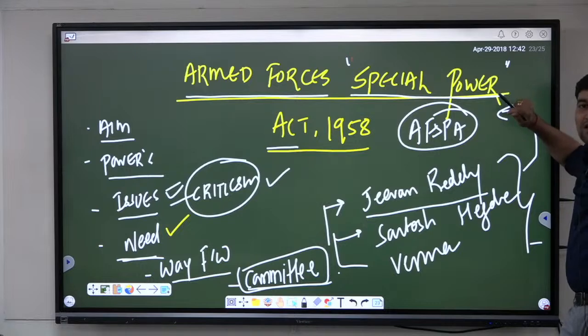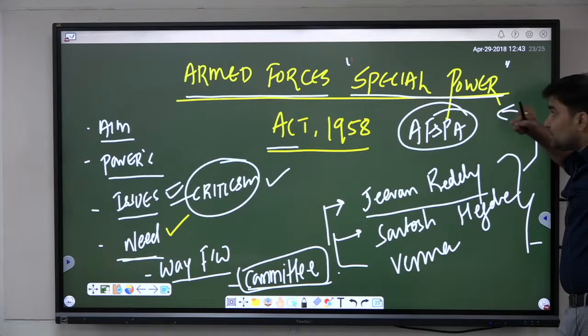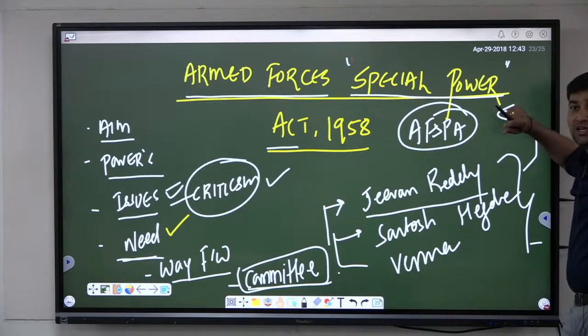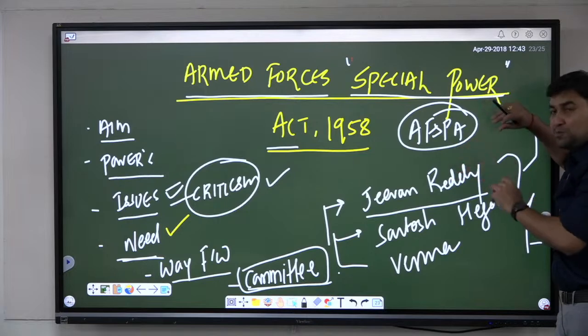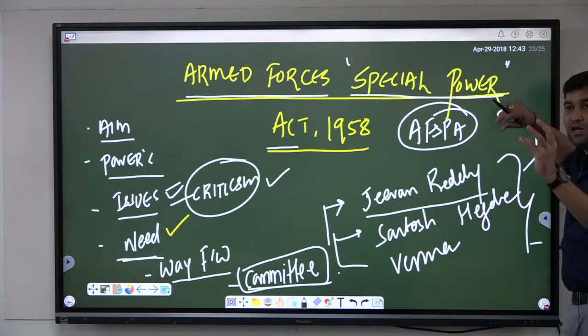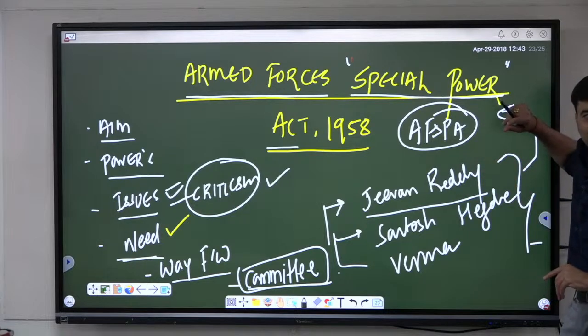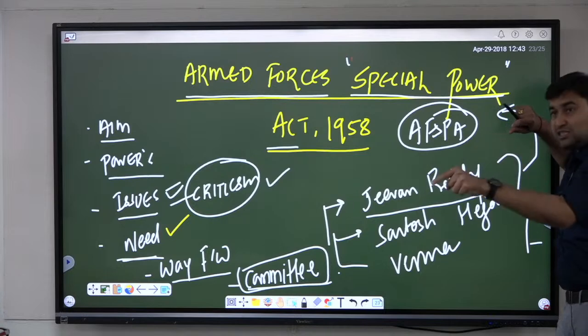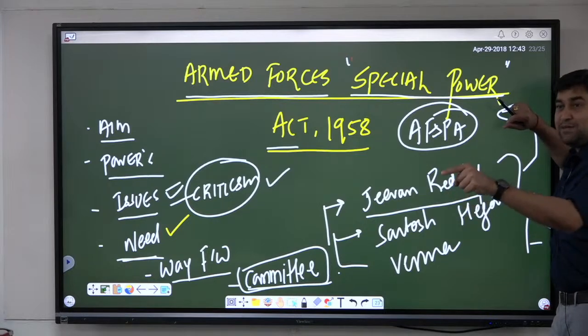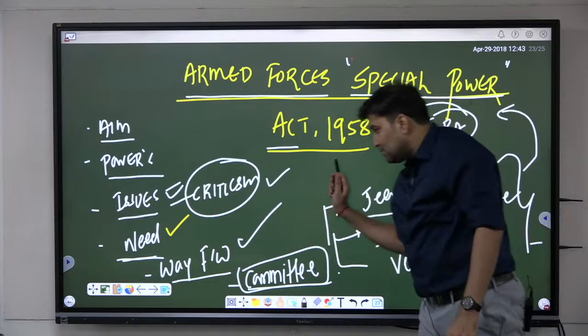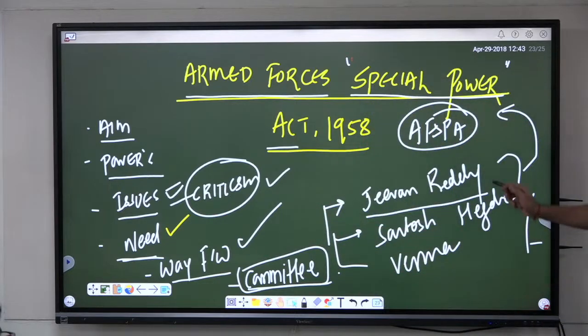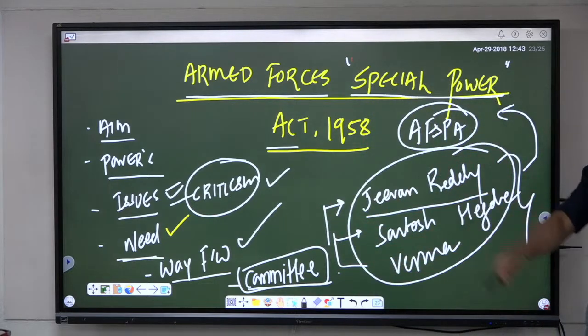Secondly, at any cost, ensure accountability of the forces. Thirdly, apply AFSPA not throughout the year, rather only timing based, case by case. Getting the idea? And most important, ensure justice for the victims who were killed. So this is nothing but the way forward, as suggested by all these committees.